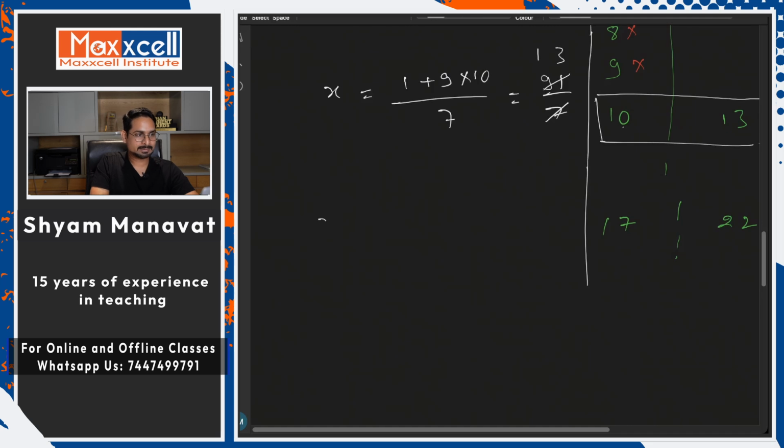So you get x equals to 1 plus 9 into 17 by 7. What do you get here? 17 9s are 153 plus 1, 154 divided by 7. Cancel this. 7 2s are 14 and 7 2s are 14.